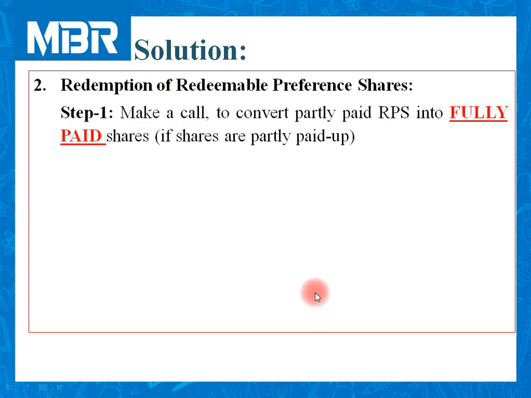The first step towards redemption is to convert partly paid shares into fully paid to fulfill the requirement of the provisions of Companies Act. Now, we have two types of preference shares.